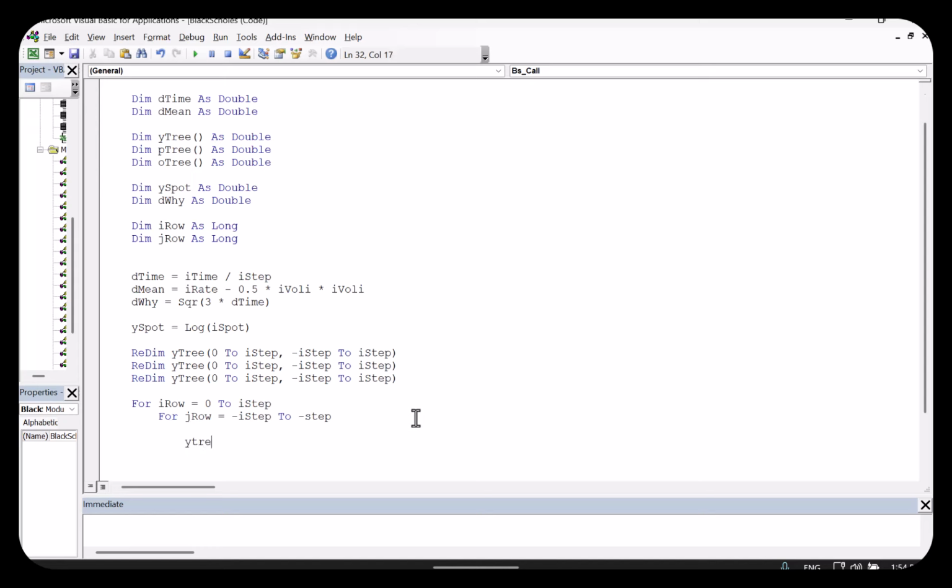And y3 I row j row is simply equal to I row times dy.